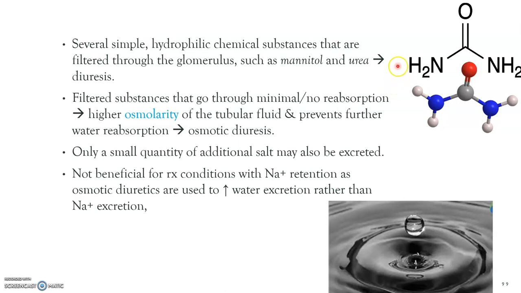It has a higher osmolarity in the tubular fluid, and that will prevent water reabsorption because of the higher osmolarity. So instead of being reabsorbed, it's going to draw further water in. That leads to osmotic diuresis, so water is just going to go out of the body.